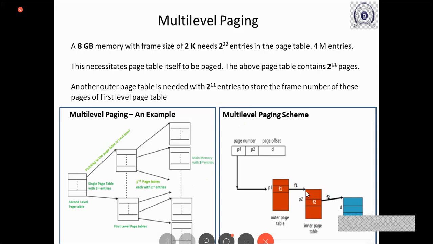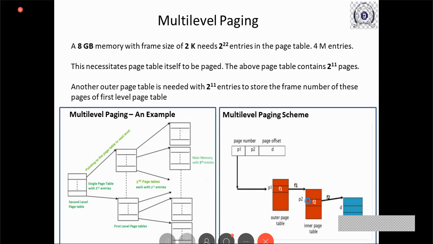After reaching this particular frame, we need to find within the frame which entry in the page table we refer to. That is given by P2, the index in the inner page table. If we travel P2 distance from the starting address of this frame, we will get the frame number of the frame in main memory where the intended instruction is stored.